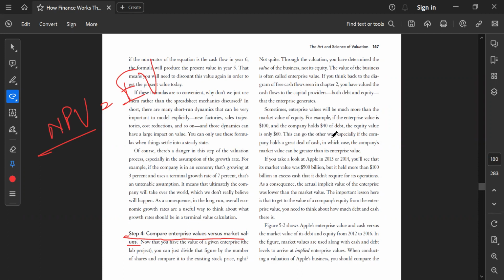This can go the other way, especially if the company holds a great deal of cash, in which case the company's market value can be greater than its enterprise value. If you take a look at Apple in 2013 or 14, you will see that its market value was $500 billion, but it held more than $100 billion in excess cash, retained record profits. To get the value of a company's equity from the enterprise value, you need to think about how much debt and cash there is.